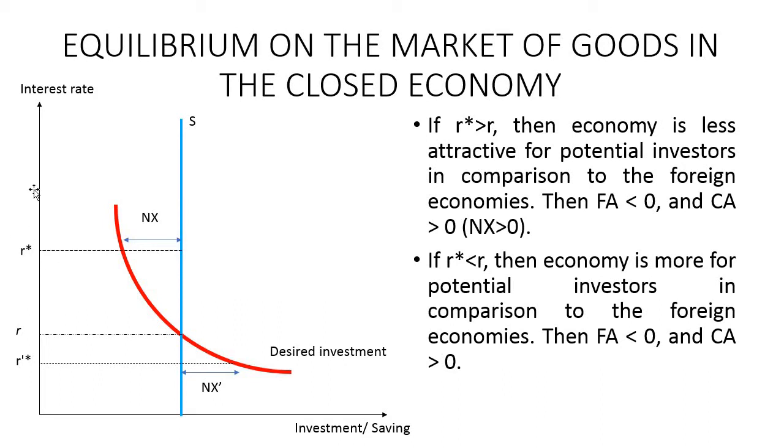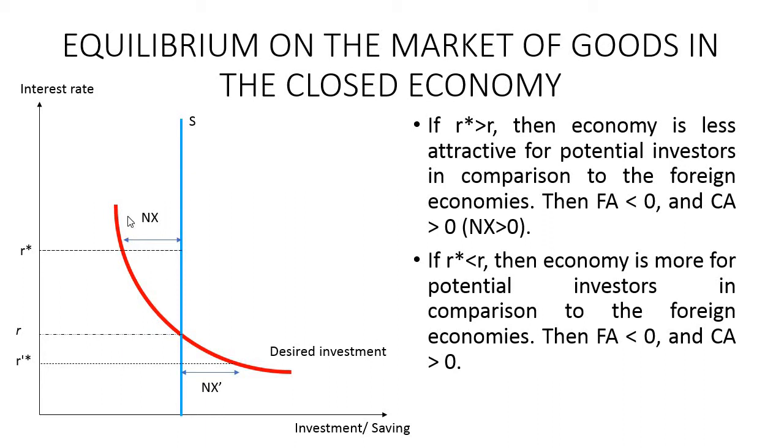So R star stands for international interest rate, or let's say world interest rate. And if we assume perfect capital mobility, like complete openness to investment, then domestic interest rate is always equal to world interest rate.